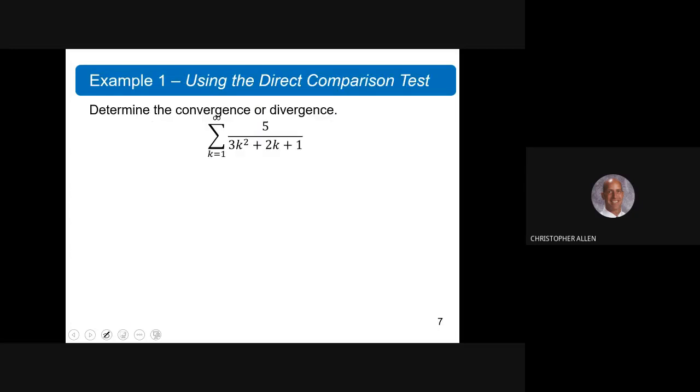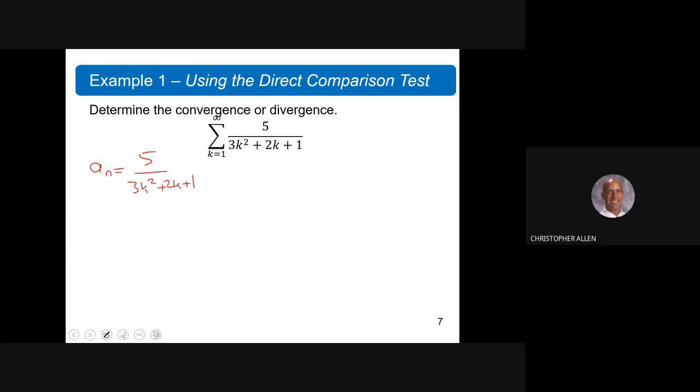Okay, so first example here, we're going to use the direct comparison test. We've got a pretty nasty looking function here, and it's 5 over 3k squared plus 2k plus 1, and we're summing it from 1 to infinity. So what I'm going to do here is say that my a sub n is 5 over 3k squared plus 2k plus 1.